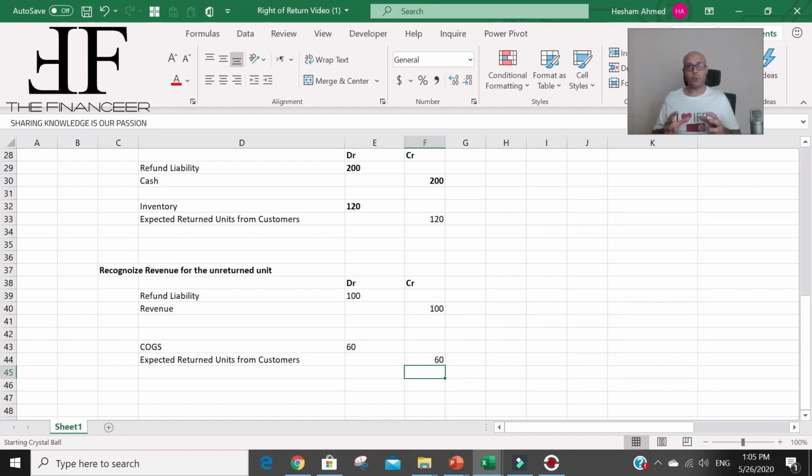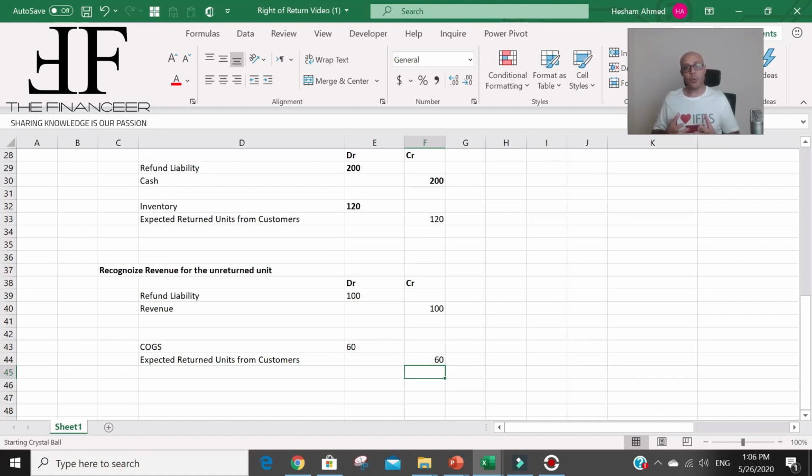I hope it helps you to understand, if you have this case in your company, how you should deal with it. Some accounts need to be added in your chart of accounts, such as the refund liability and the expected returned units from the customers, and you have to recognize revenue on a transaction date different from what we applied before IFRS 15.